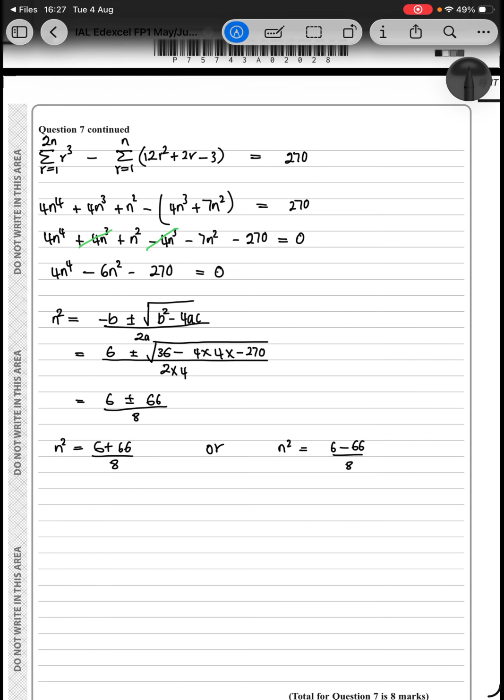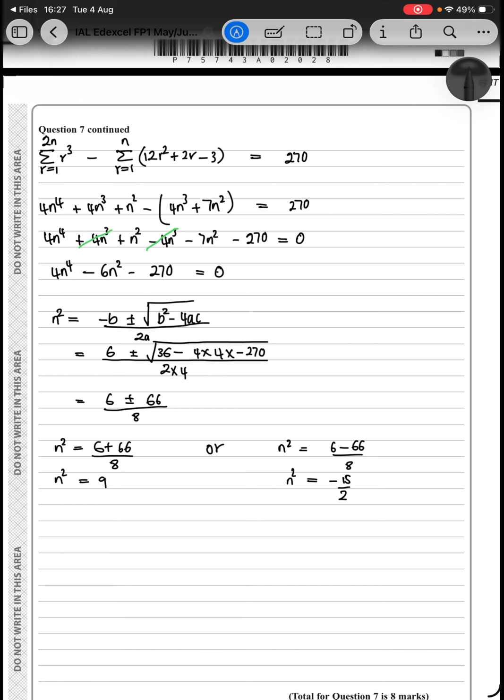So 6 plus 66 divided by 8 will be 9. And 6 minus 66 divided by 8 will be minus 15 over 2. Now we can bring this to the form of a factor.